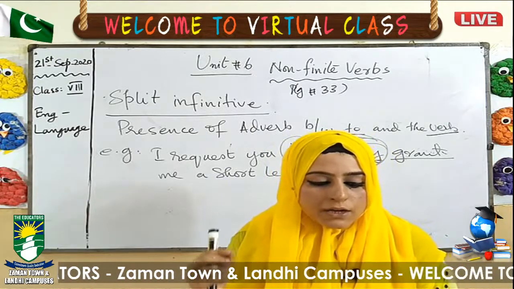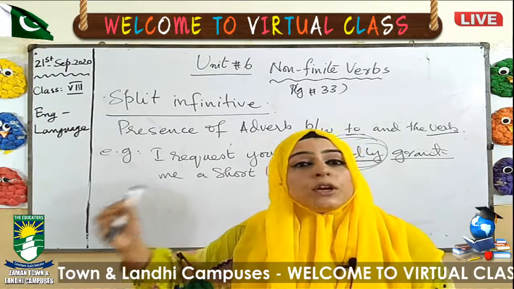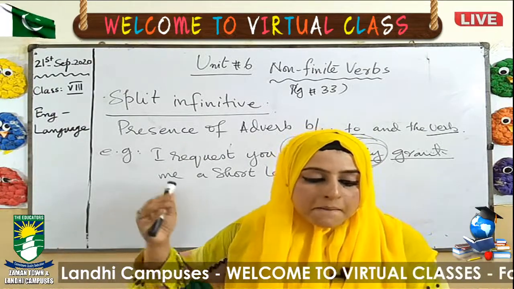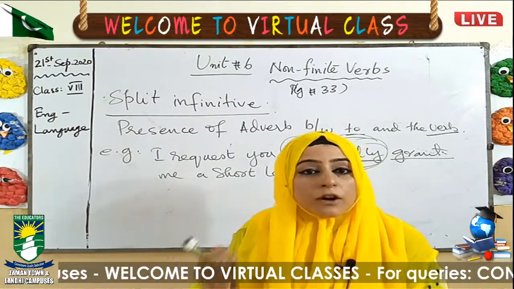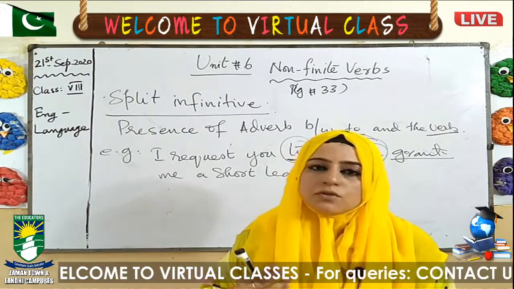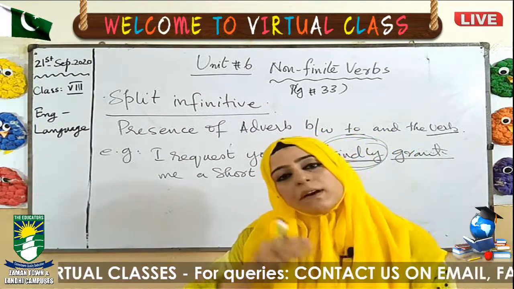Second: I used to live in the next street. Third: may I use your phone? Here it's just a modal auxiliary, so we will not use any preposition. The sentence is correct and you will write it as it is.